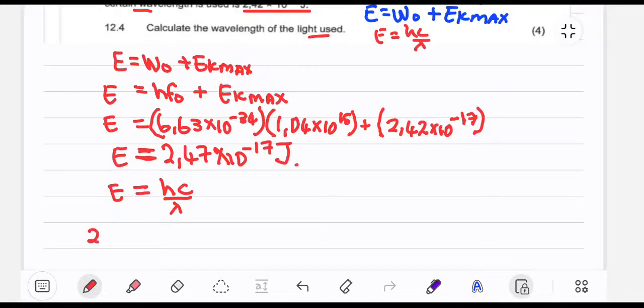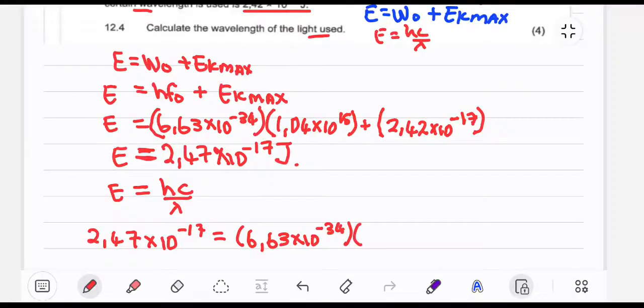E is 2.47 times 10 to the negative 17, which is equal to 6.63 times 10 to the power of negative 34, C is 3 times 10 to the power of 8, all over lambda.